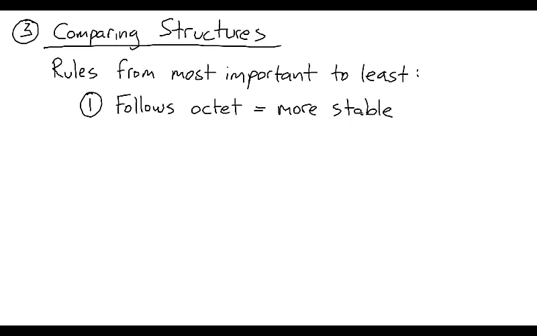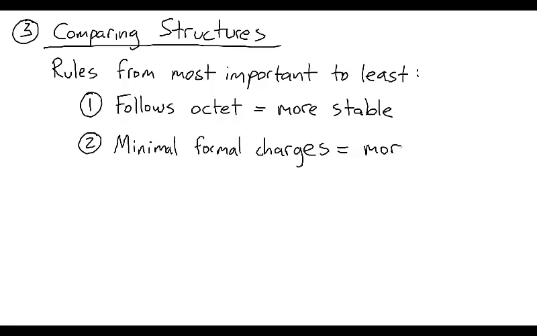Then, if you're comparing two structures and they both follow the octet rule, or they both don't follow the octet rule, then you go on to the second thing, and that is minimal formal charges is better. Most people seem to get this rule.